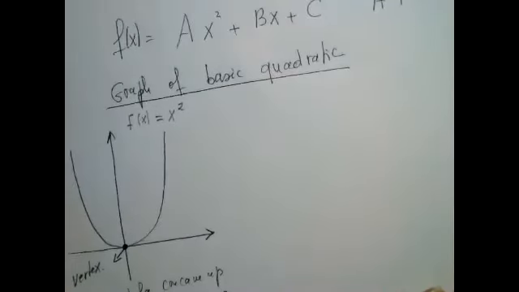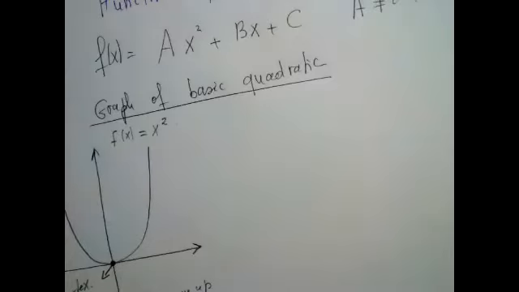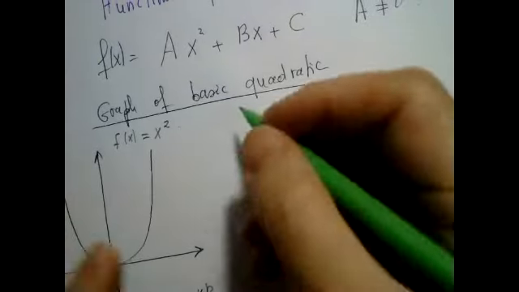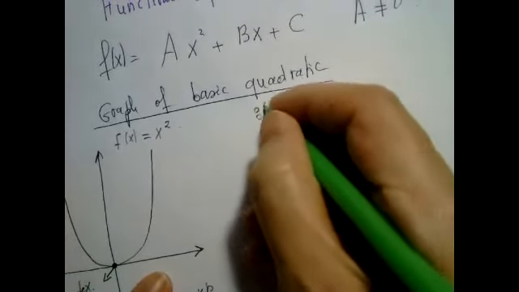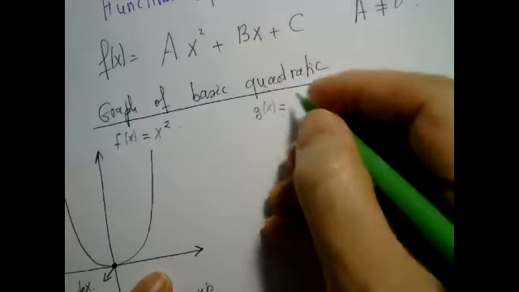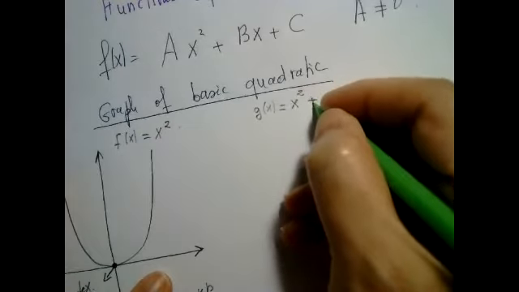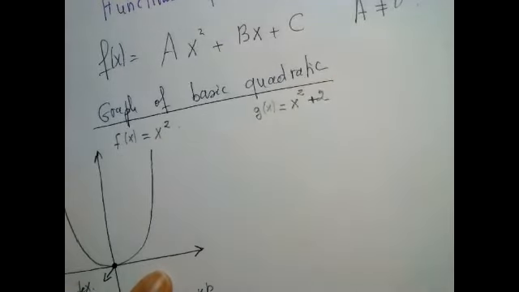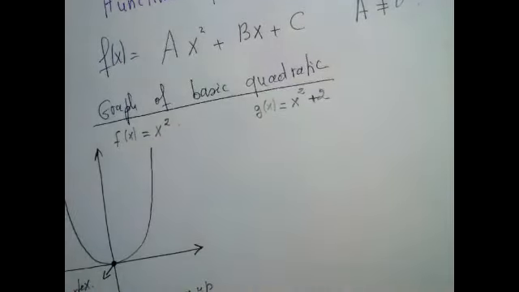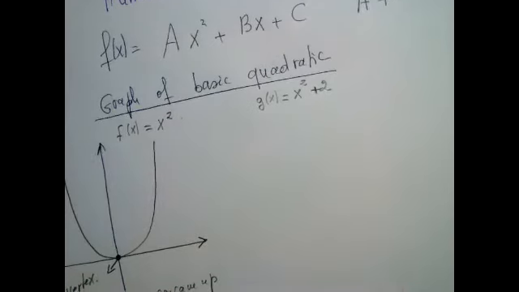And then last time we also did the following. Let me see if you remember. What if I take x squared and add a constant 2? I have a whole new function, x squared plus 2. How is the graph of this function related to the previous one?